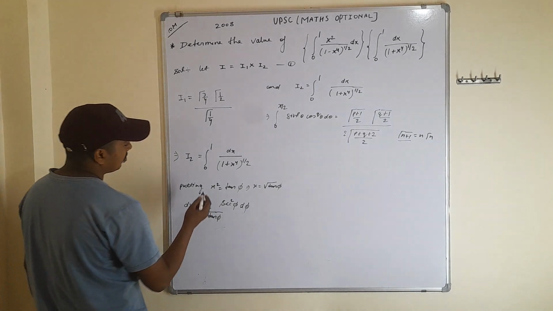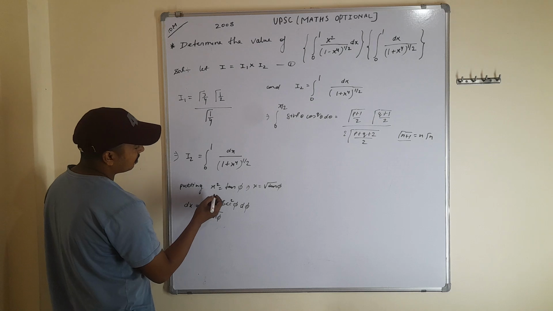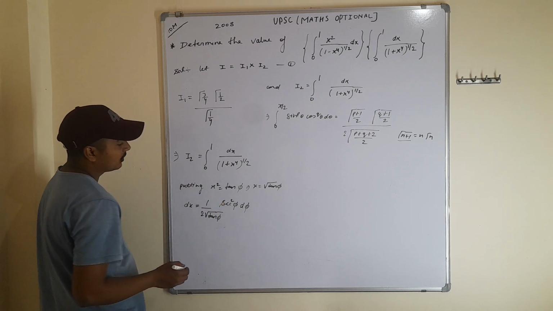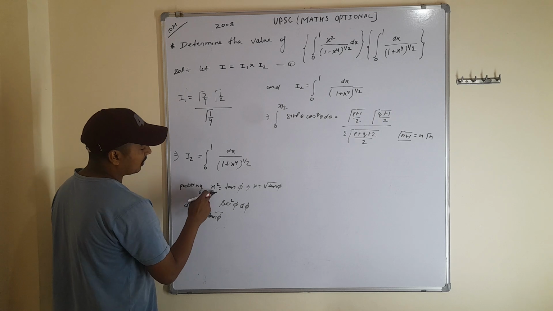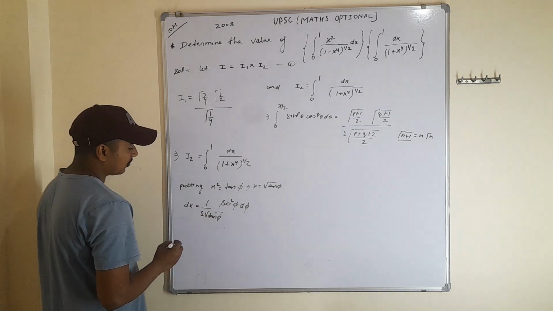Changing the limit, when putting x is 0, then phi is 0, then putting x is 1 and phi is pi by 4.